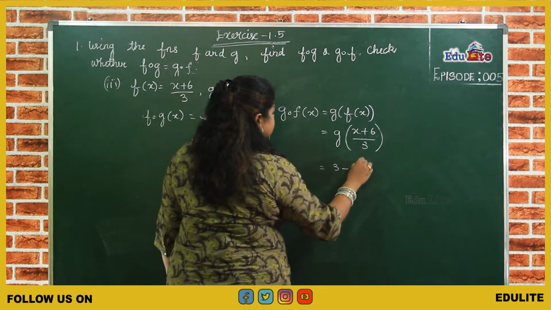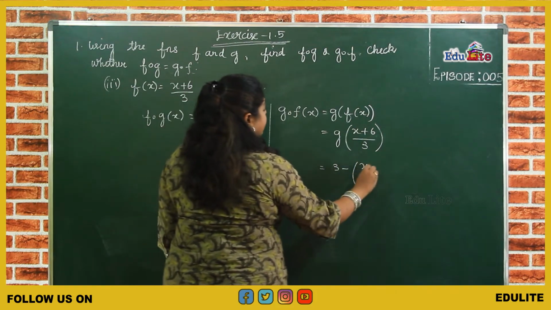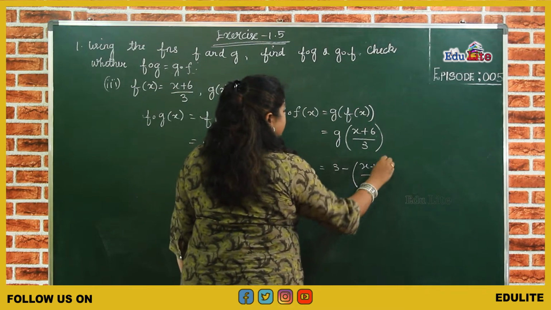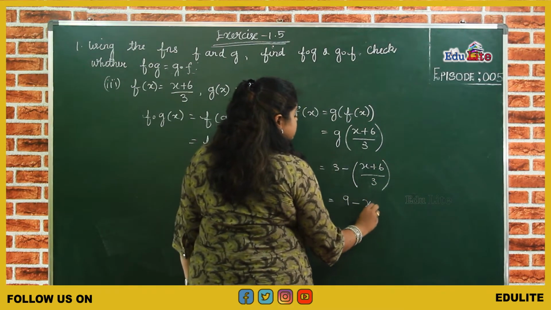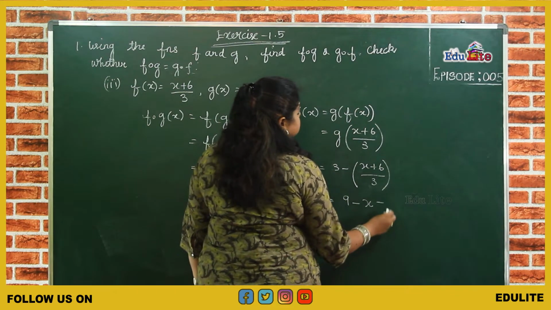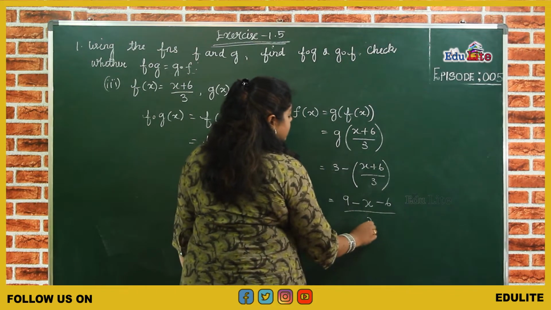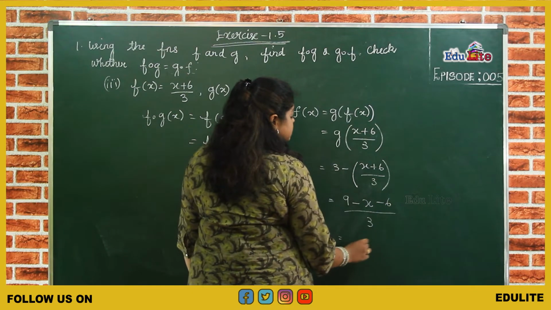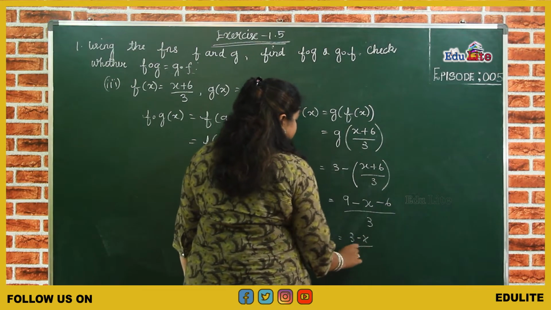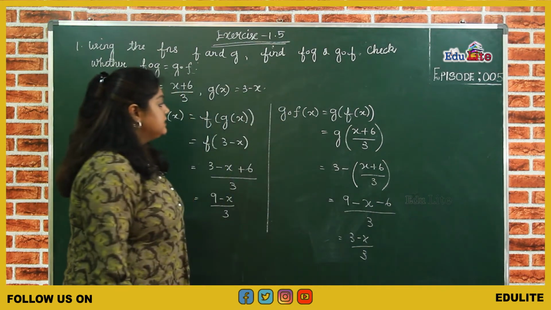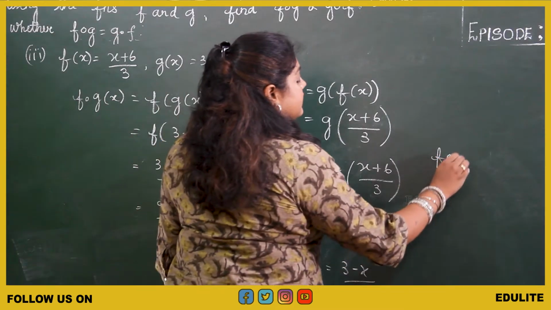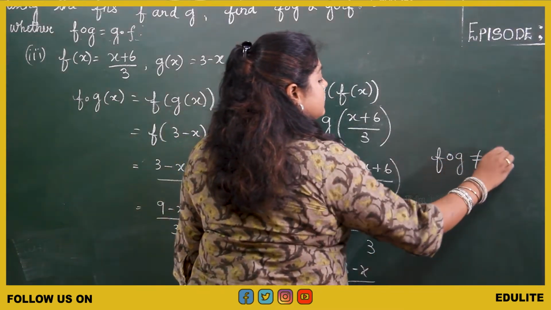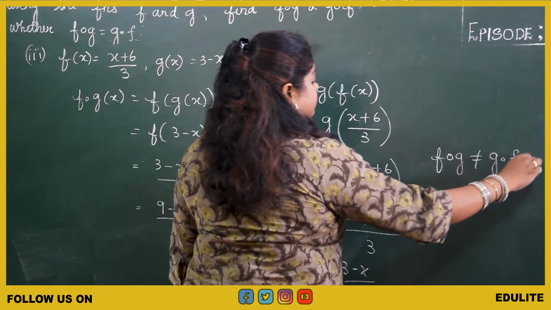So, 3 minus (x plus 6) divided by 3, taking LCM, this will become 3 threes are 9 minus x minus 6 divided by 3. 9 minus 6, it is 3 minus x by 3. And in this problem also, f composite g is not equal to g composite f.